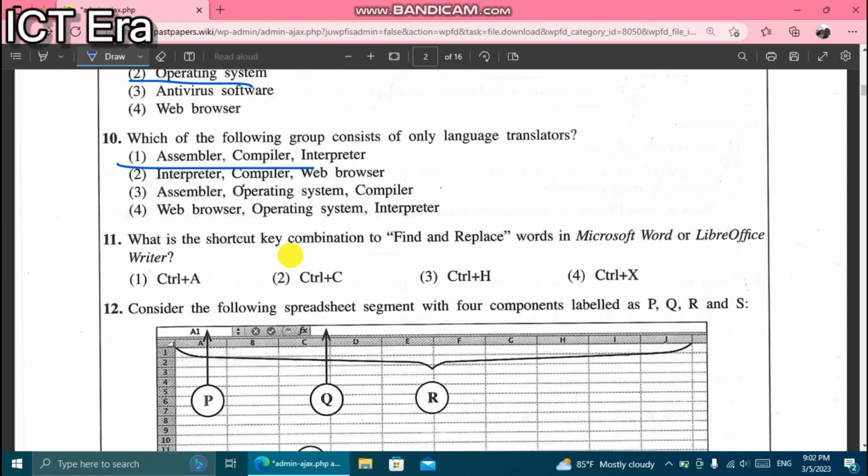Then the next one: what is the shortcut key combination to find and replace words in Microsoft Word or LibreOffice Writer? Okay, Control plus A selects the document. Control plus C is copy letters, objects or pictures, anything, meaning objects, right?